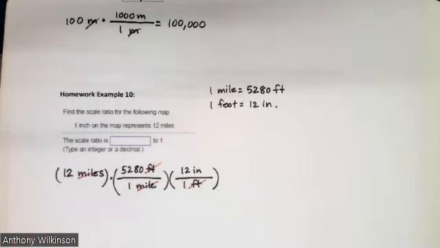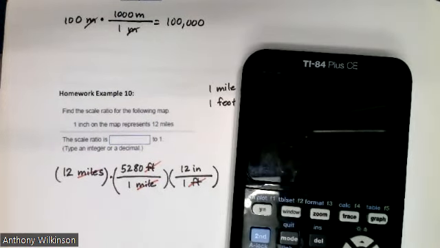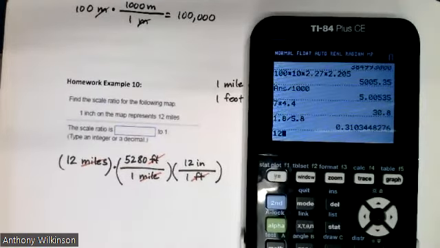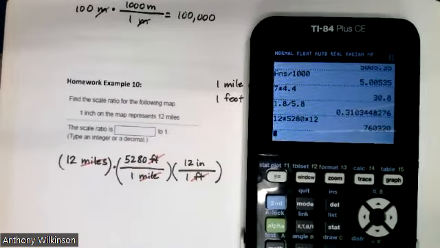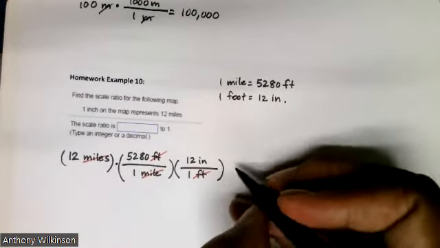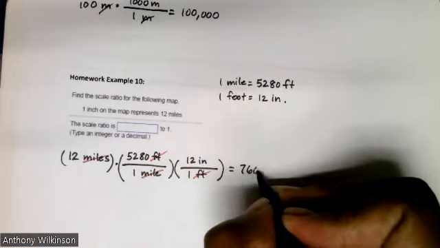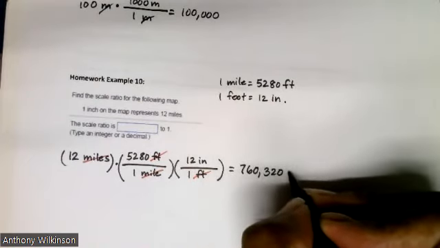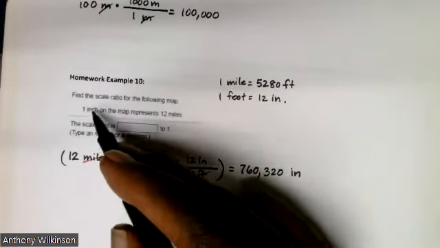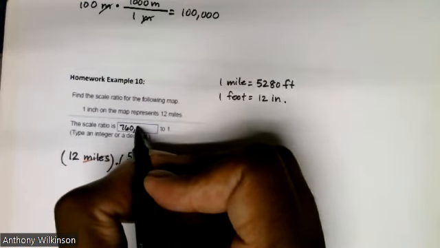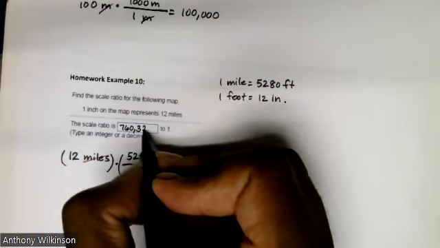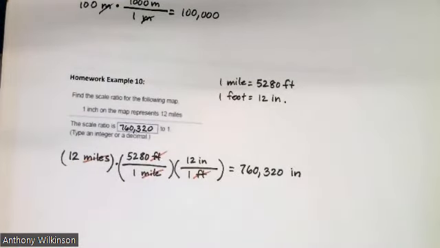Here I'm going to be multiplying 12 times 5,280 times 12. So that would be 760,320 inches. And since we got the inch there, that scale ratio would be 1 to 760,320.